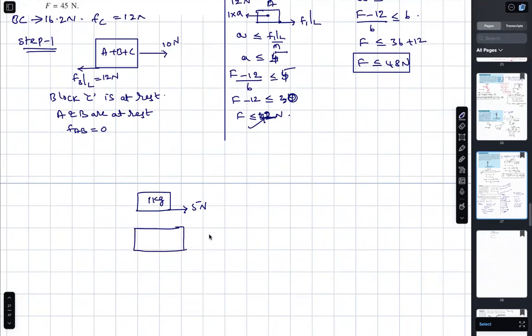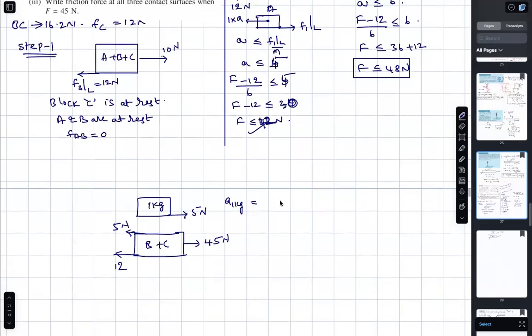You have confirmed that there is no relative motion between B and C. Then I will take B plus C as one single system, with 45 newtons, this 5 newtons, and this 12 newtons. The acceleration of the 1 kg is 5 by 1, 5 meter per second square.